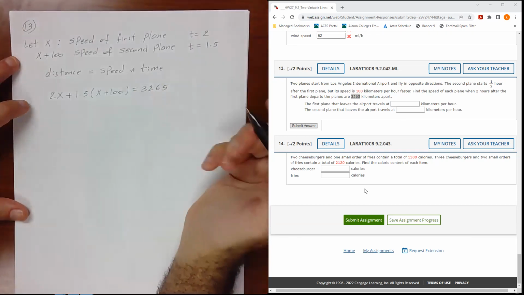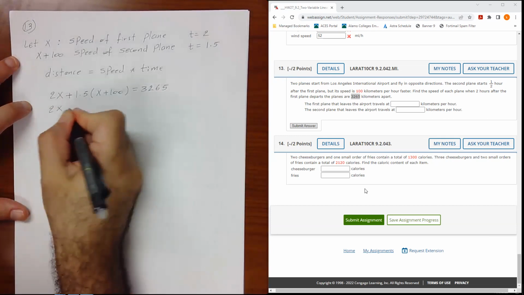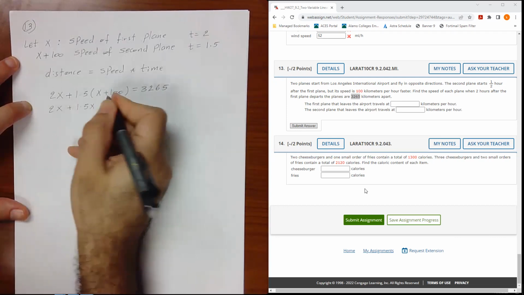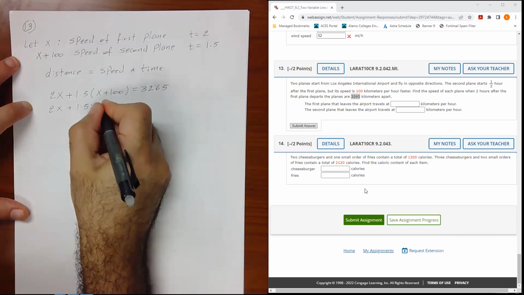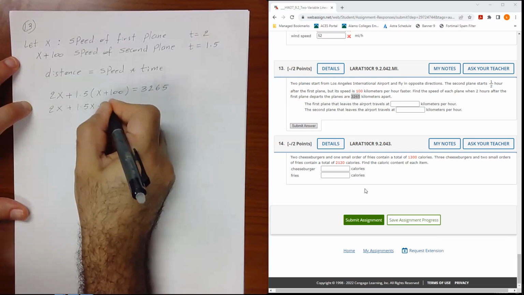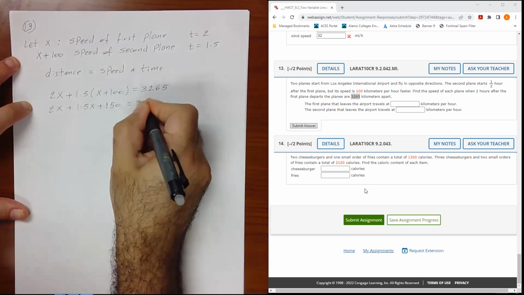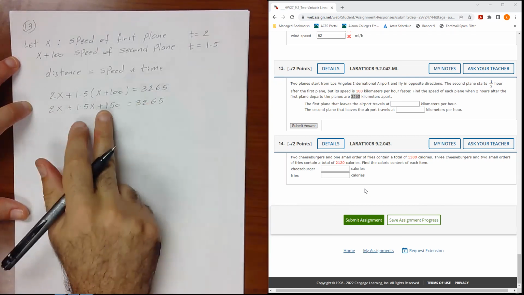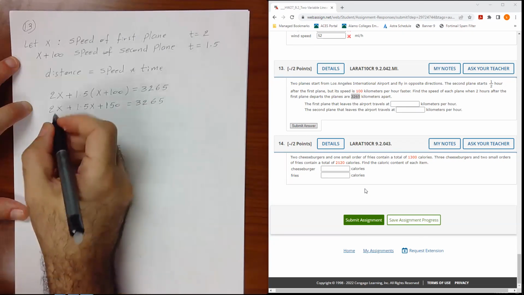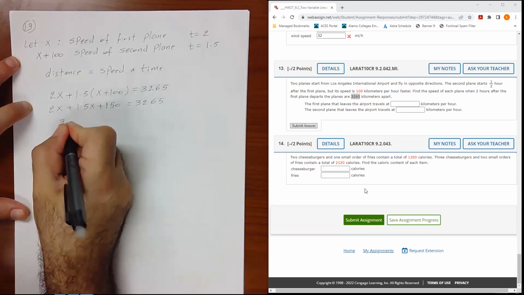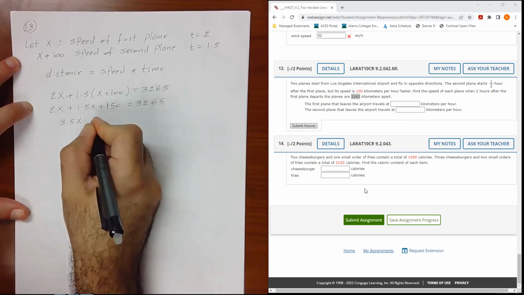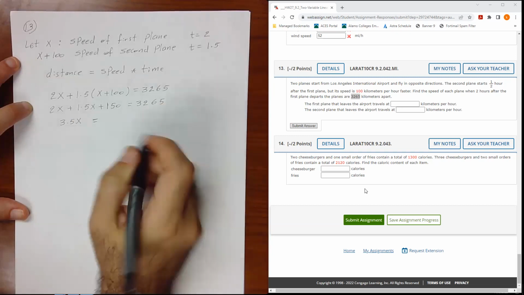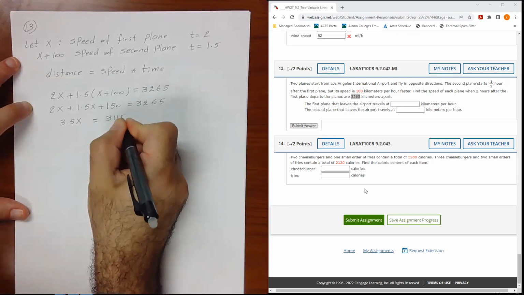Now we just have to solve this. 2x plus 1.5 times x, 1.5x, 1.5 times 100 is going to be plus 150, equals 3,265. Now we're going to move the 150 to the other side and combine the like terms. So 3.5x equals 3,265 minus 150, so it's going to be 3,115.